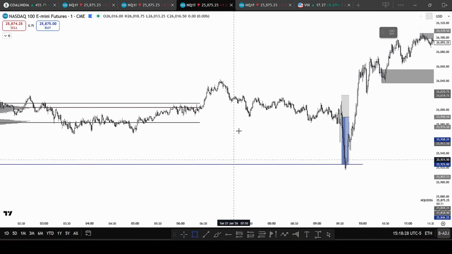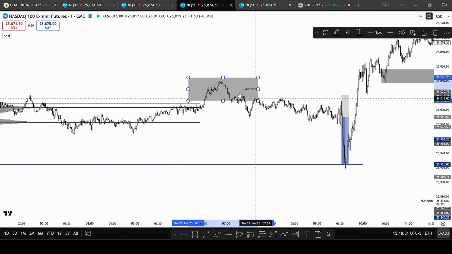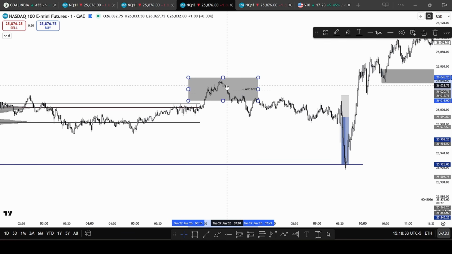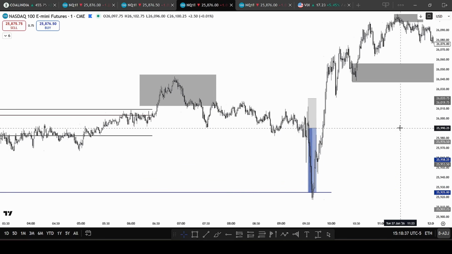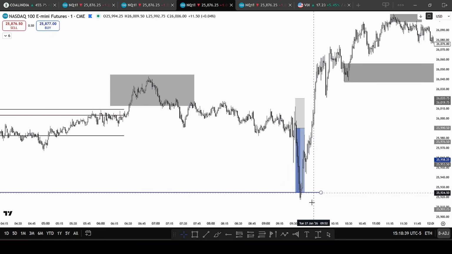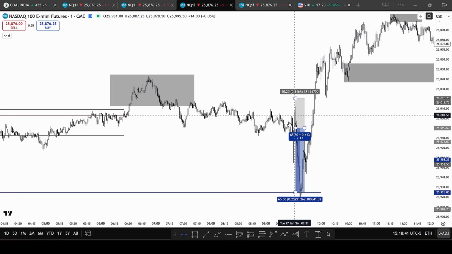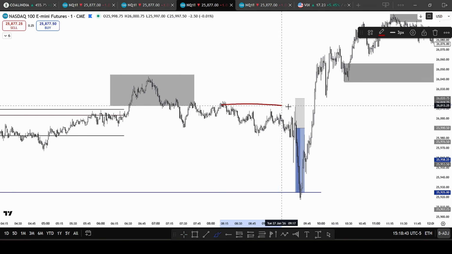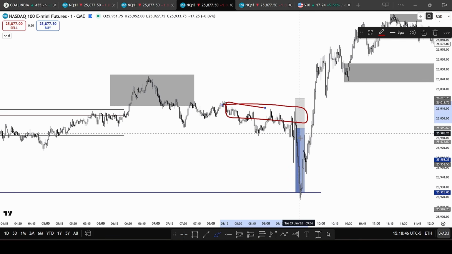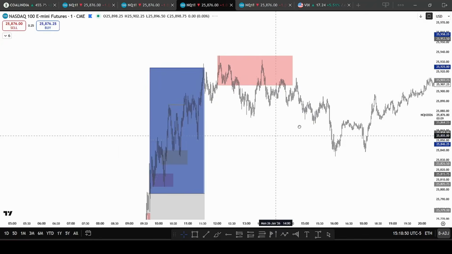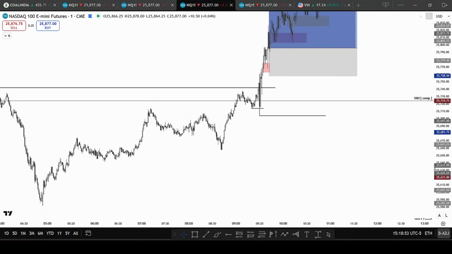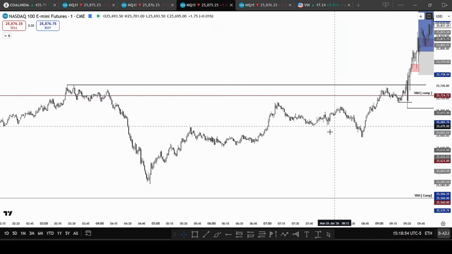It was a simple setup, but it occurred in, I guess, the pre-market session. This setup was not that good, and it happened here. I waited for some reaction from this zone, and yeah, good shot there. If you go to the previous session, this is not any good example.